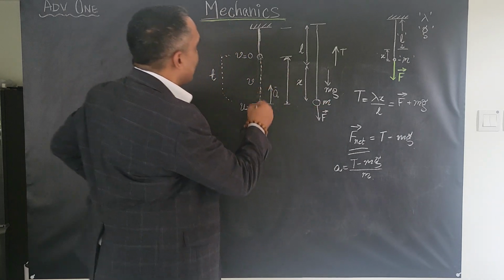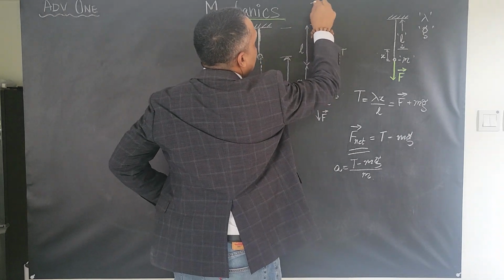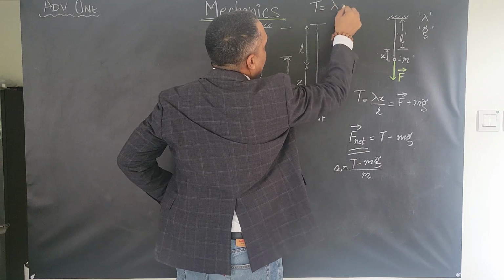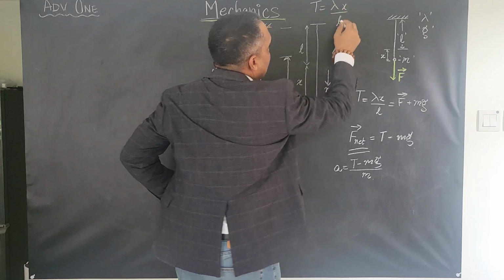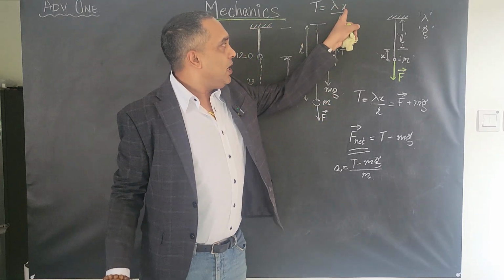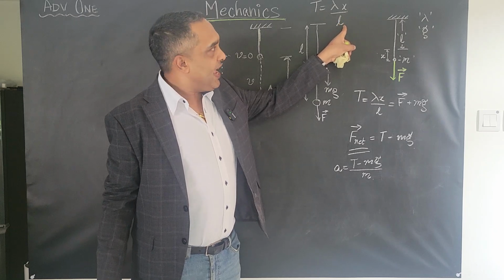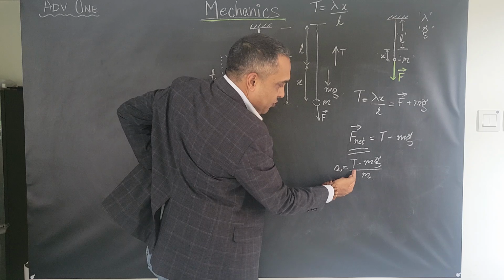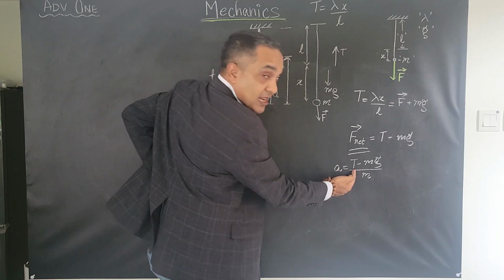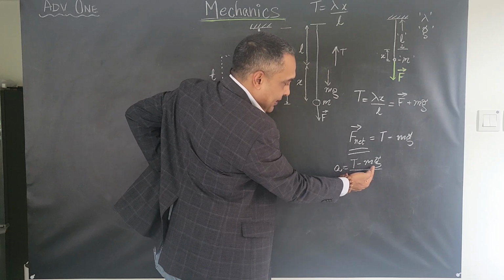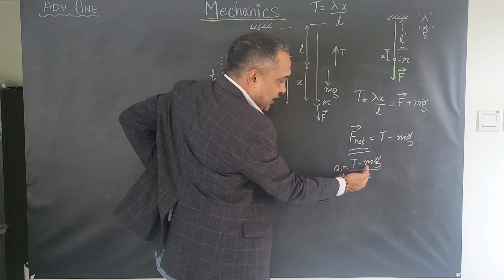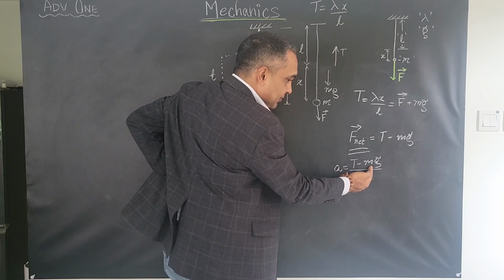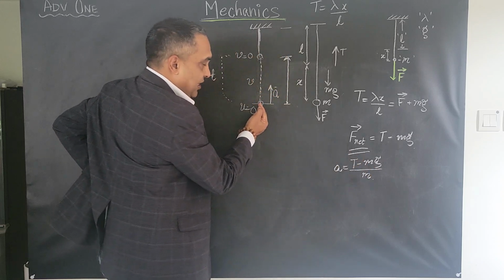If x became smaller, I'm going to write this here, tension is always equal to x by L. X became smaller as L stays the same, so tension kept reducing to a point where that tension equated mg, because mg doesn't change.